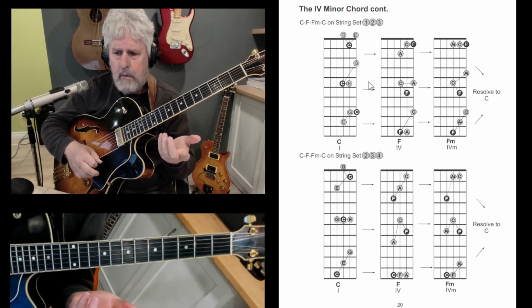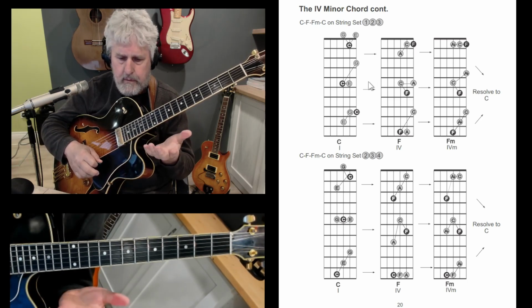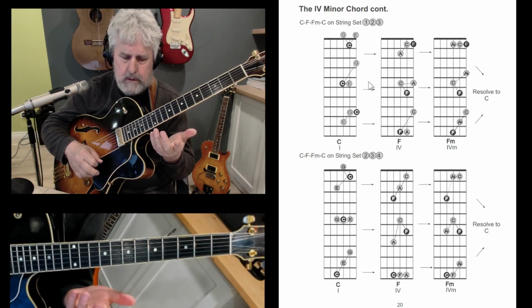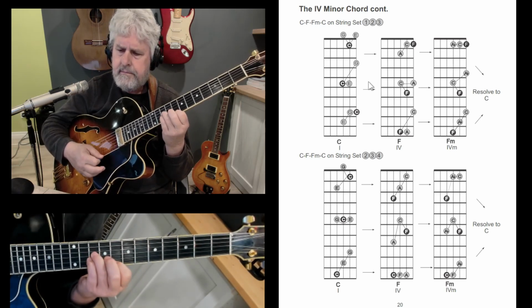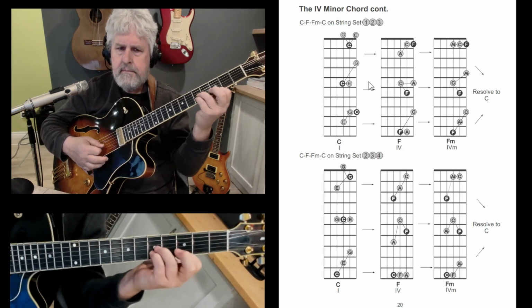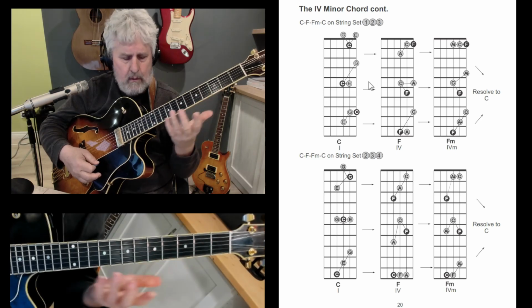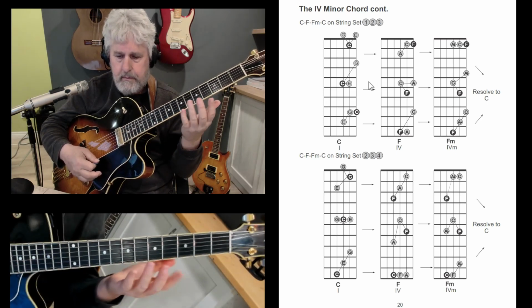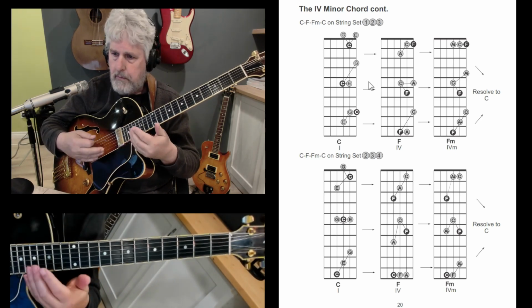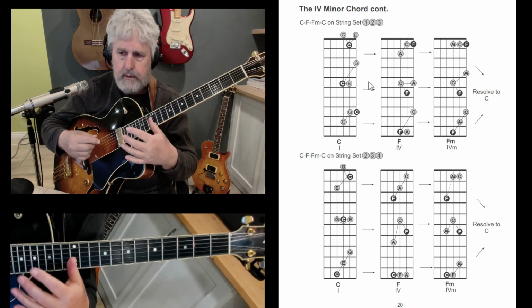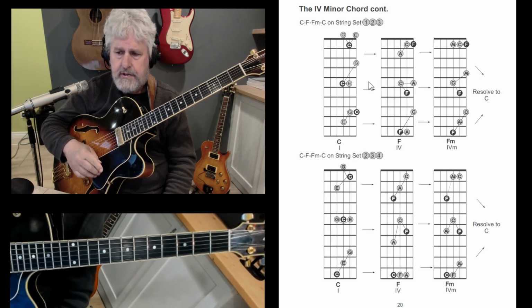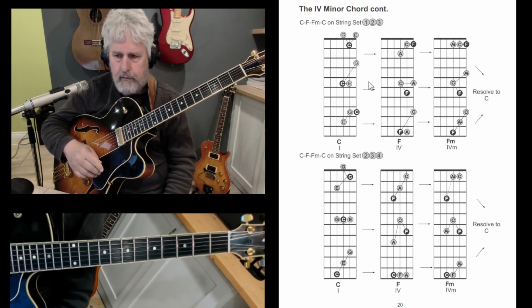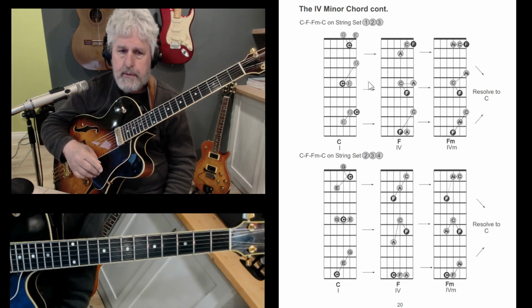You can also take other directions. How about this? C. And now all of a sudden this simple little chord progression moves all over the fretboard. You can move it up, you can move it down, you can resolve in place. It's just a real wonderful exploration opportunity, harmonic exploration opportunity.